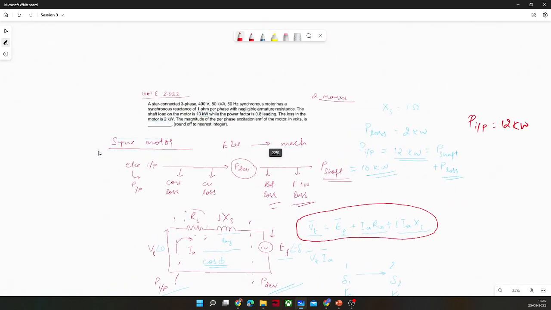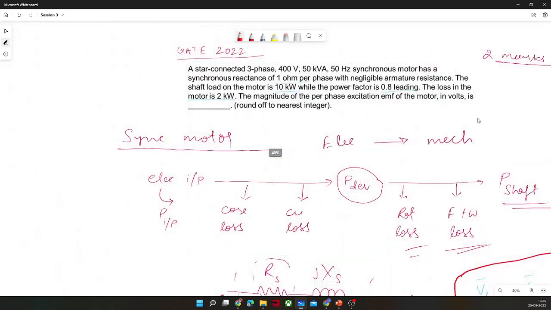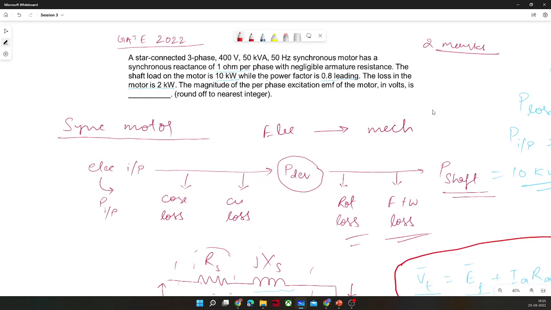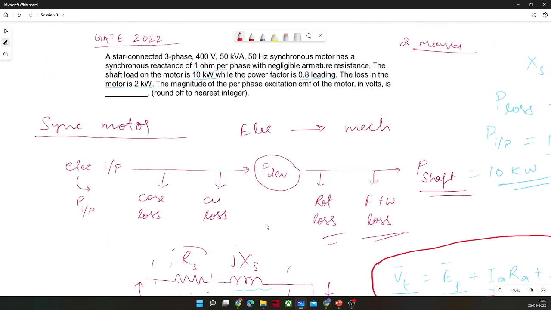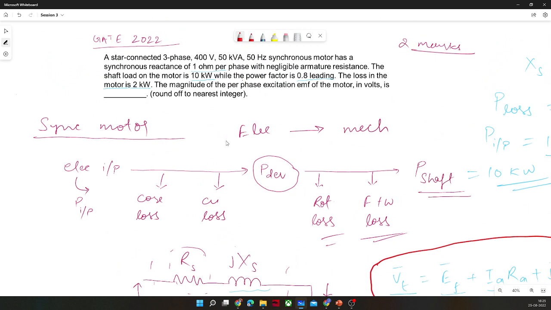So this was the problem, if you can see it clearly. We moved ahead with the basics of circuit and power flow equations, and after that, how we can connect all the things is very important. In this problem, the major catch was that where the losses occur was not mentioned.